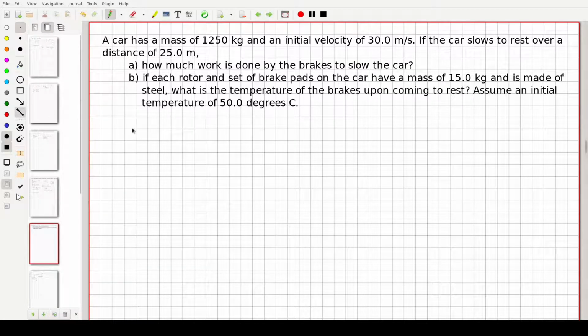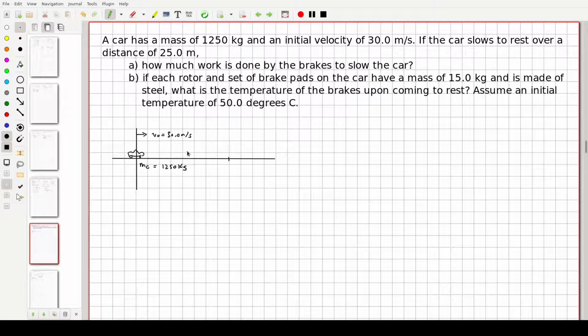We have a car. It has a mass of 1,250 kilograms, and it has an initial velocity of 30 meters per second. Now, it is going to slow to rest over a distance of 25 meters. So if I think of my car starting here, moving to the right with an initial velocity of 30.0 meters per second, and it has a mass, m sub c for car, of 1,250 kilograms.